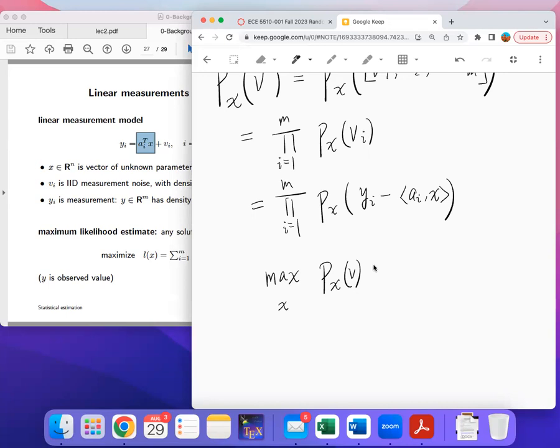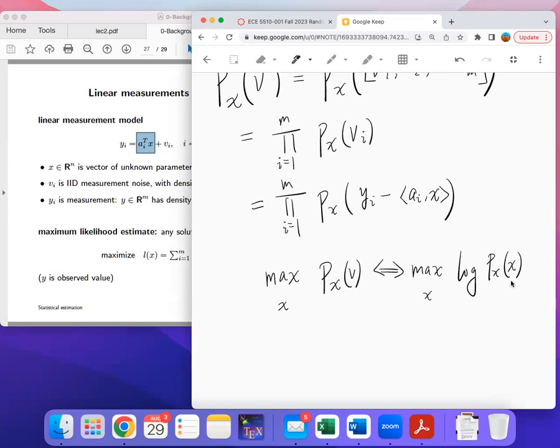Now, because this is a probability, a positive number, maximizing it is equal to maximizing its log, since log is a monotonically increasing function.